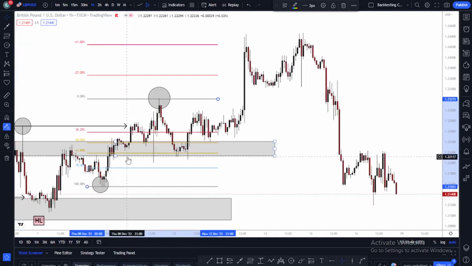That also caused some rejections: the first rejection right here, the second rejection, the third rejection. So first, we look for a weakness in momentum. Second, we look for rejections, and third, we look for a change in momentum, a bullish momentum, or a candlestick confirmation pattern.